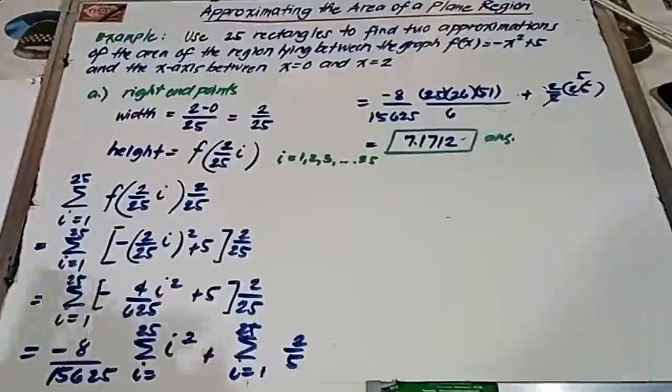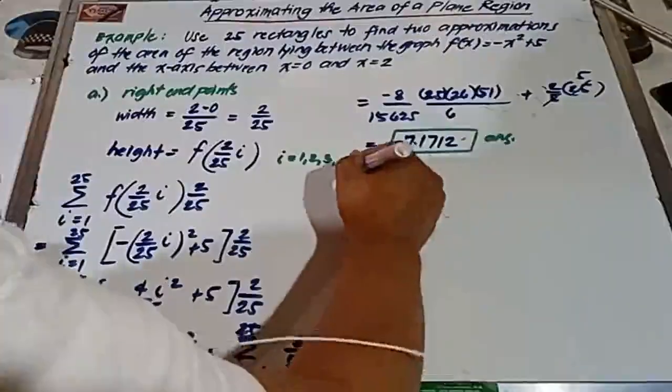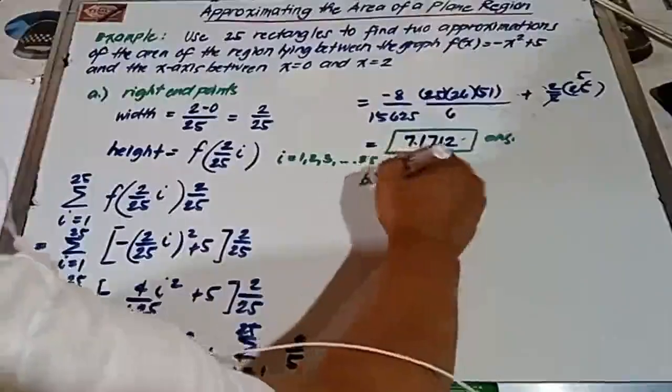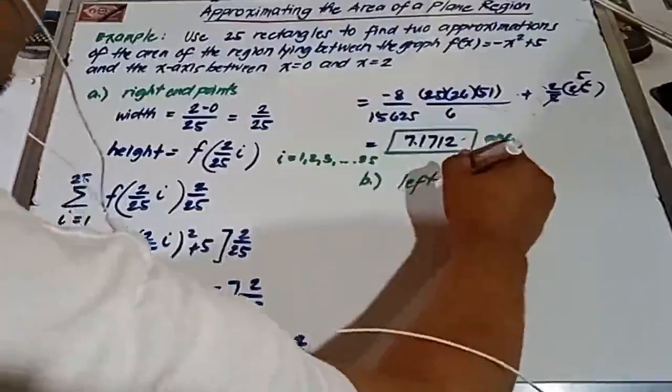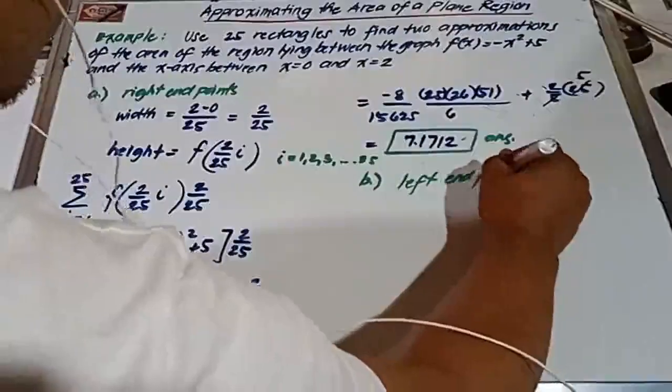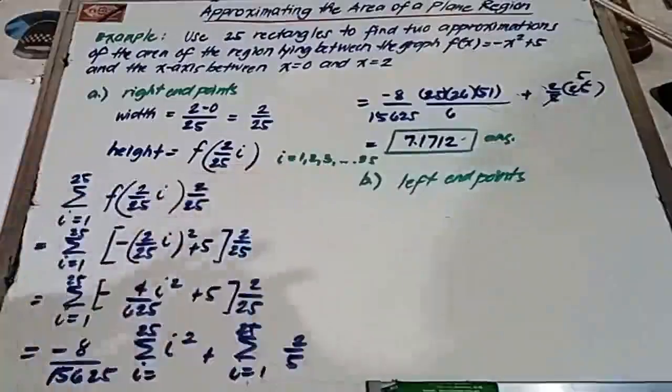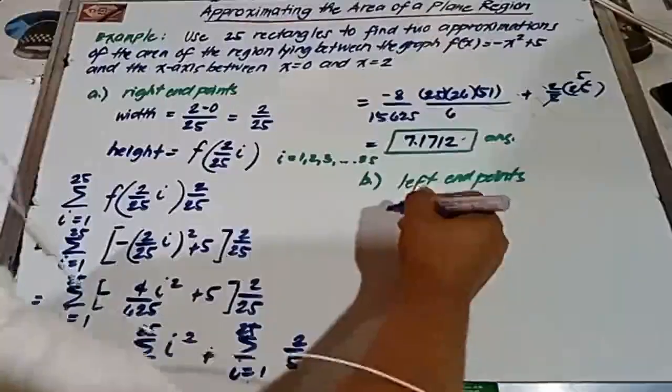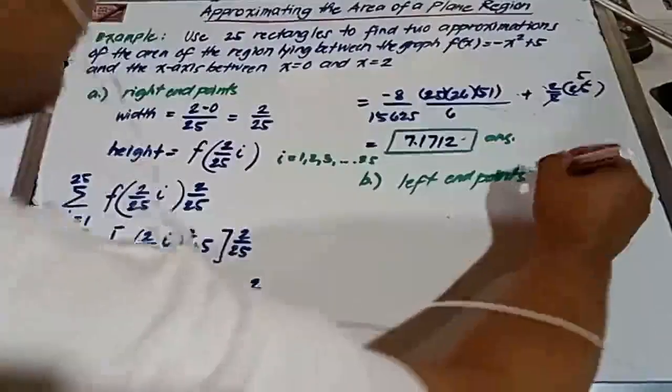For the left endpoints, okay, letter B, sa left endpoints natin, ang width natin doon, the same pa rin.